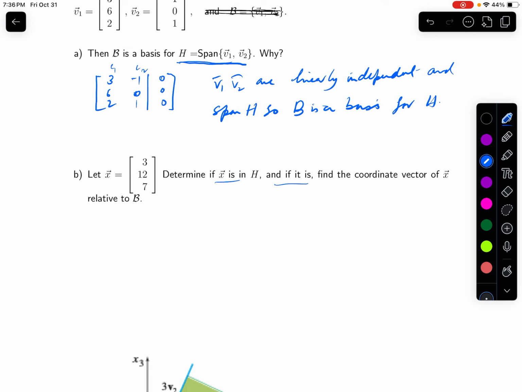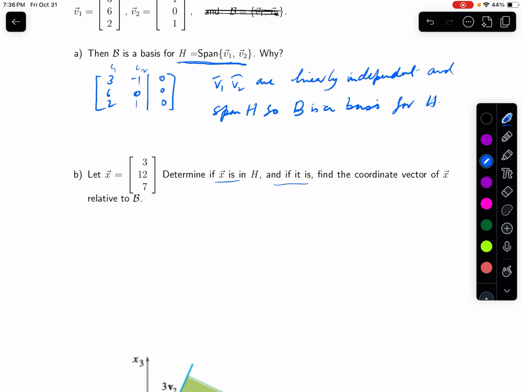If the system is consistent, we will get values for c1 and c2, which will mean that x is in H, and these numbers c1 and c2 will be our coordinates for the vector x relative to B.